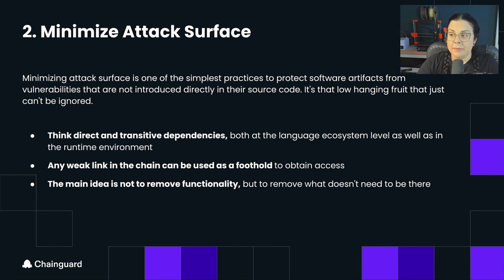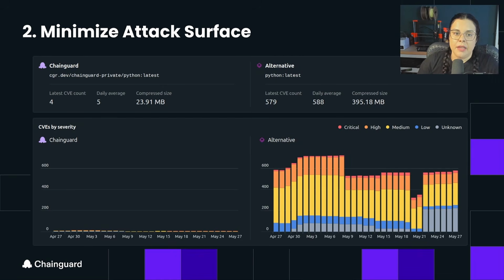So the main idea is not to remove functionality. You don't want to remove things that you actually use, but to remove what you don't need, what doesn't need to be there in your runtime, especially because there are lots of dependencies at the runtime level, at the base OS level, that you don't need. And one way to do that is by using minimal container images.